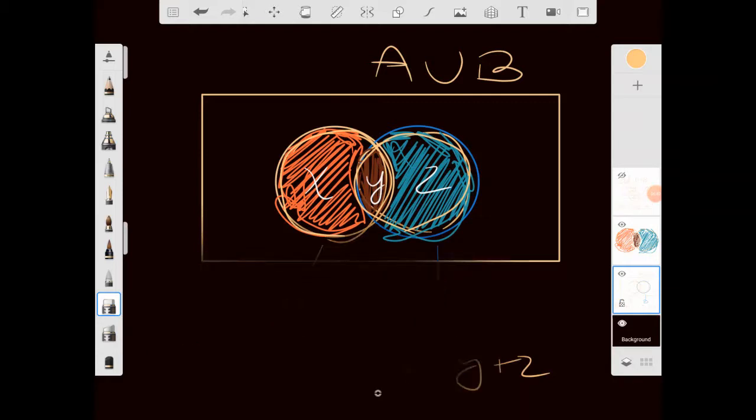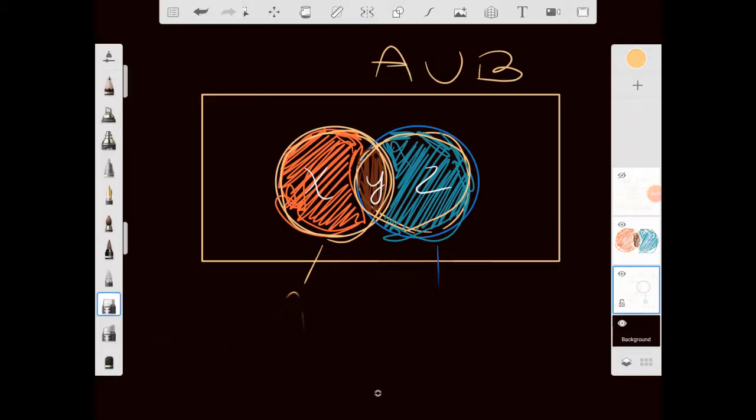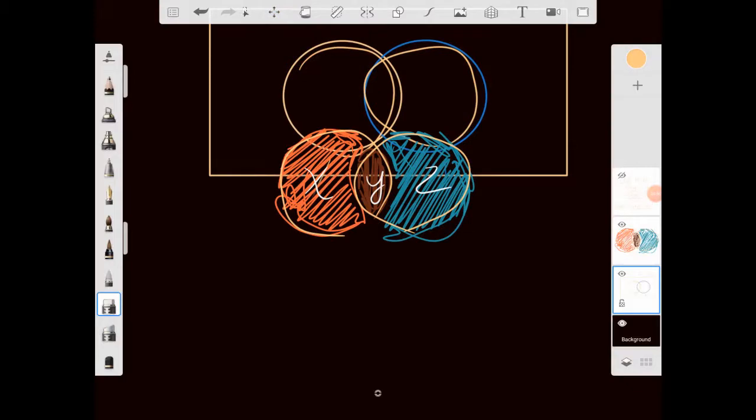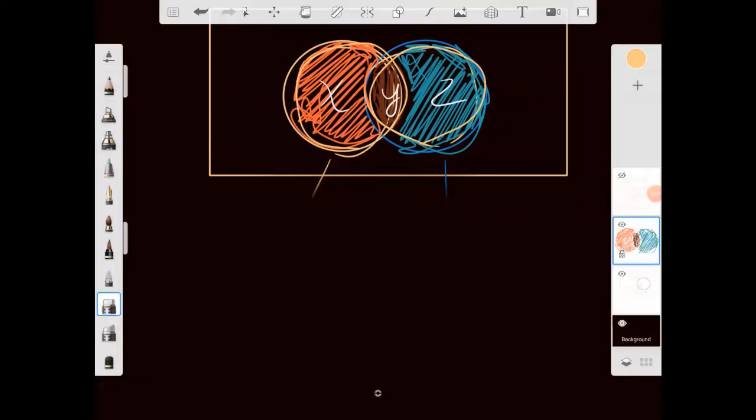See, what I was trying to say is, let me rub this part off. Okay, cool. Now I'll move this part also up. Yeah, wonderful.